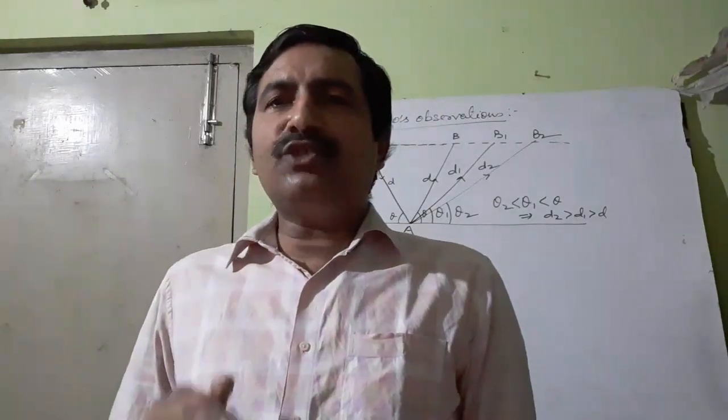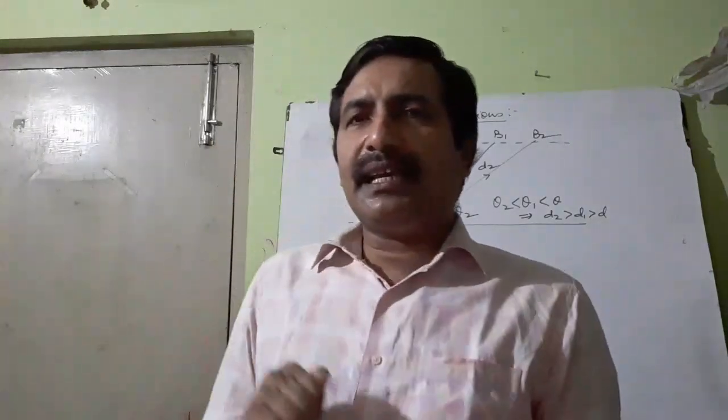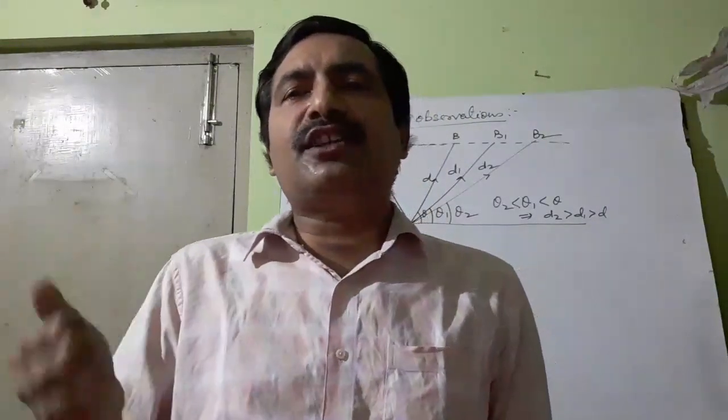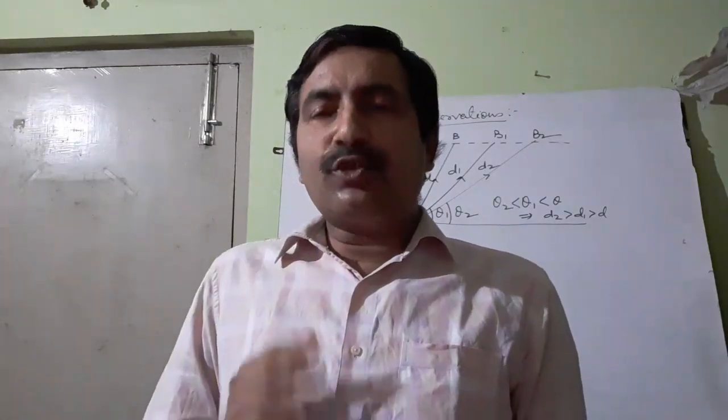After that, Newton came, and Newton repeated the same experiment. He worked with this type of situation, and he proposed 3 different laws, and they are called Newton's laws of motion. So Newton's laws of motion are based on Galileo's observations.